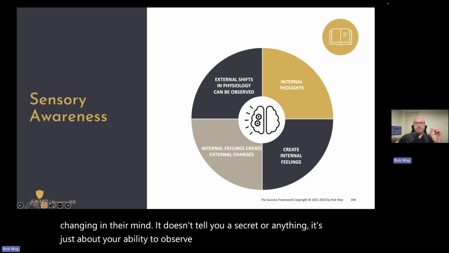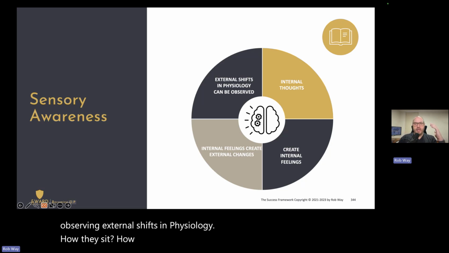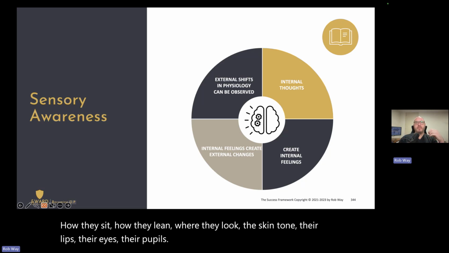You do this by observing external shifts in physiology, how they sit, how they lean, where they look, the skin tone, their lips, their eyes, their pupils.